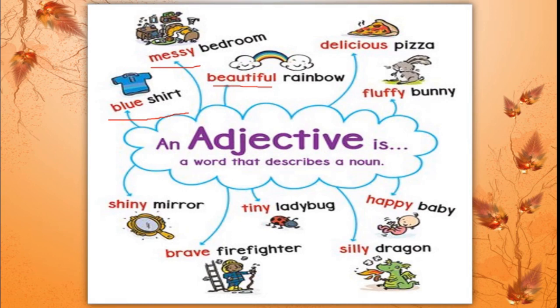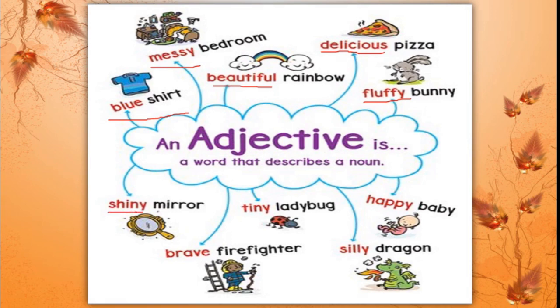How is the pizza? That is very delicious. Got this? Bunny. How is bunny? Fluffy. Bunny is very fluffy. Then you can see here a happy baby. Tiny ladybug. Shiny mirror.